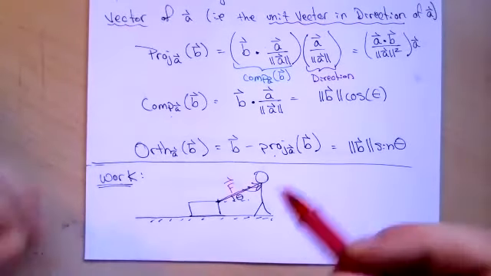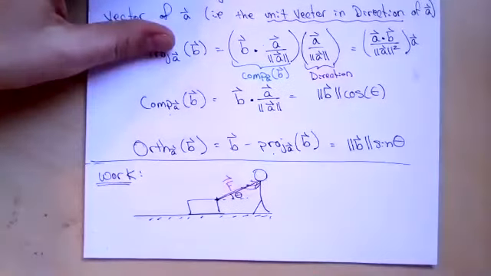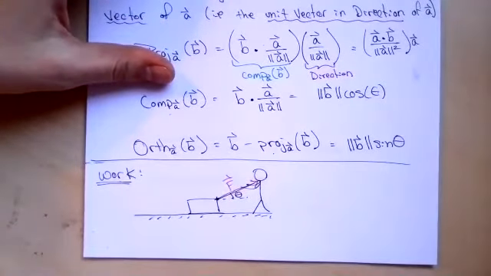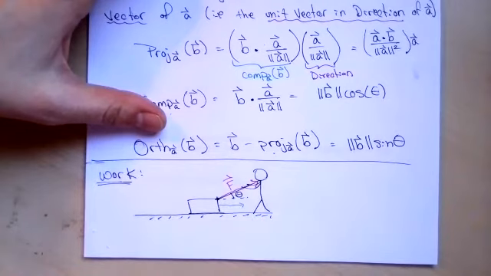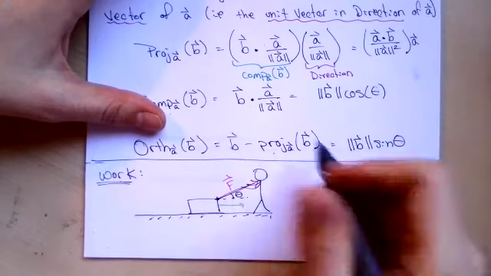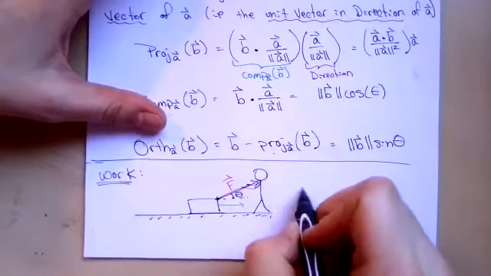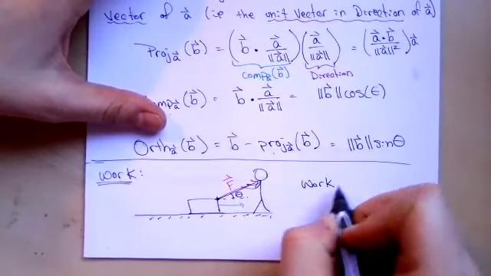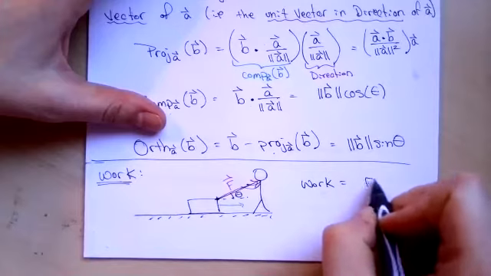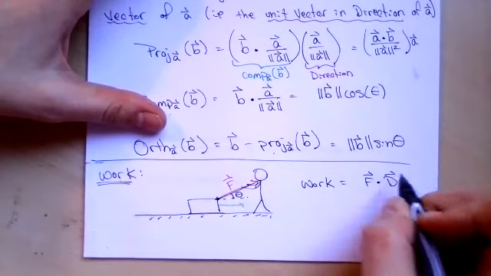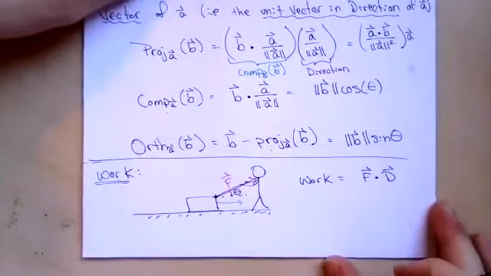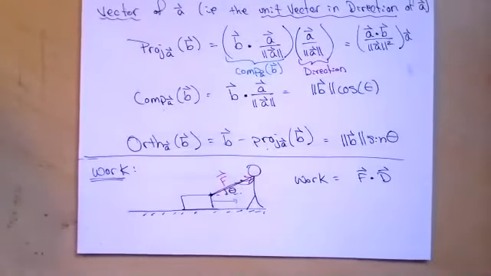However, we're not pulling enough to really lift this block up. The direction the block is traveling is still just going to be horizontal. So our work is the force dot product with the displacement vector, or the direction of travel.